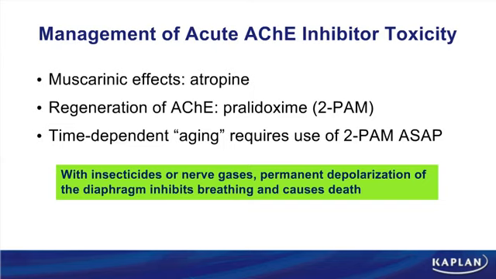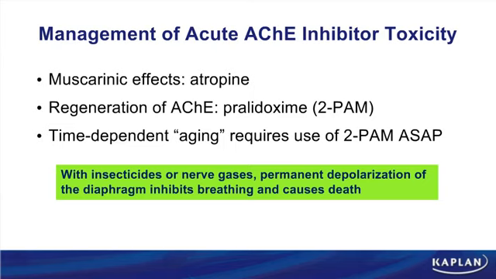Pralidoxime has the special property of being able to break that bond. It can break the bond between that nerve gas or insecticide and acetylcholinesterase. When you break the bond, you remove the poison, if you will, from the enzyme, and now acetylcholinesterase works. It has been regenerated.